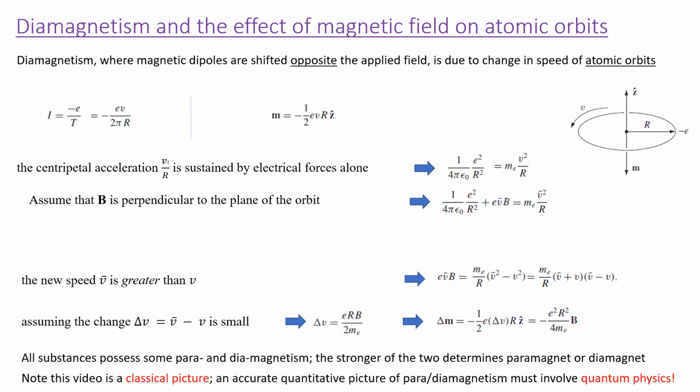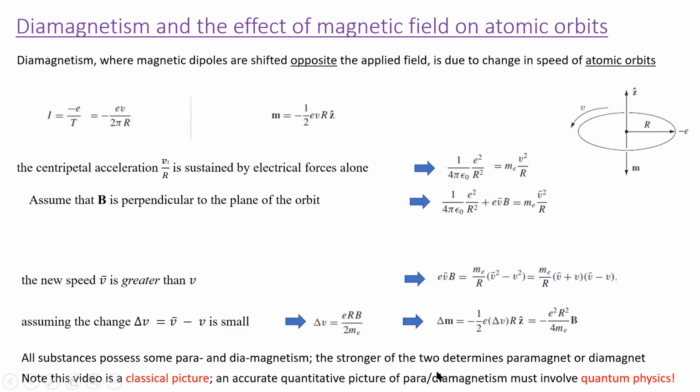And then finally, as I've mentioned a couple times, this video has presented a classical, or some might say a semi-classical, picture of the electron spin and the atomic orbital. An accurate picture actually has to be done quantum mechanically, and we can get more accurate coefficients for the paramagnetism and diamagnetism of different substances.